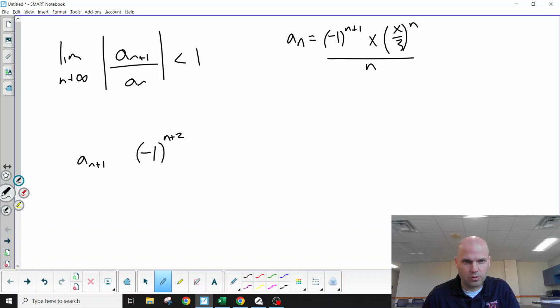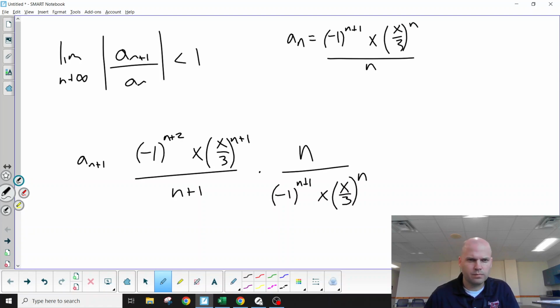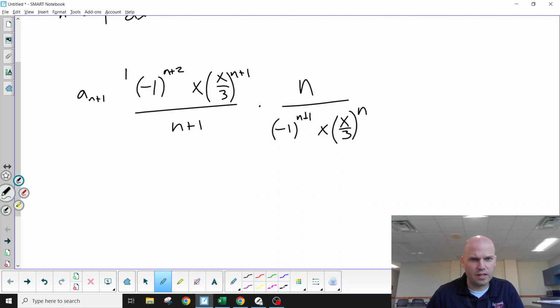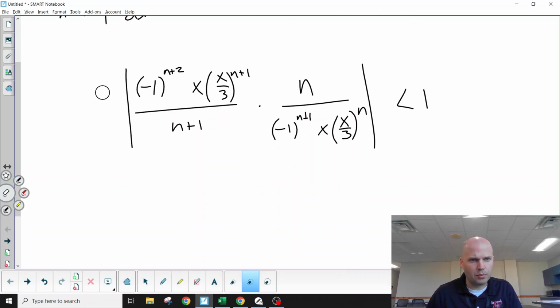And that's going to be multiplied by the reciprocal of this because you're dividing. Okay, now we look to simplify this and ensure that this is less than 1 as we plug in infinity.